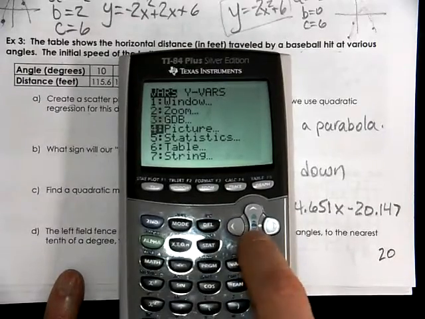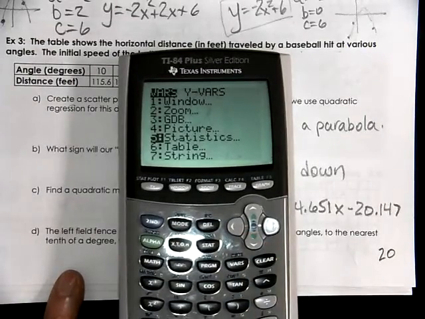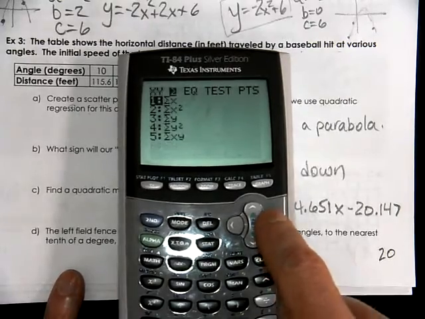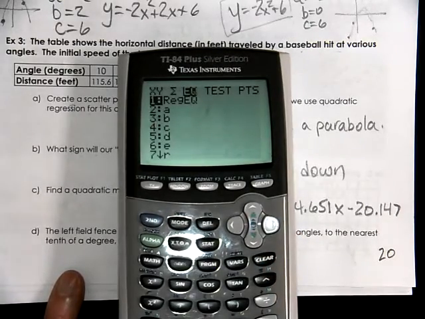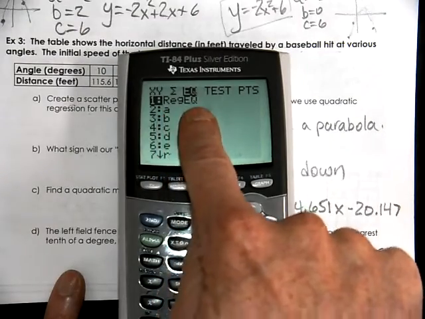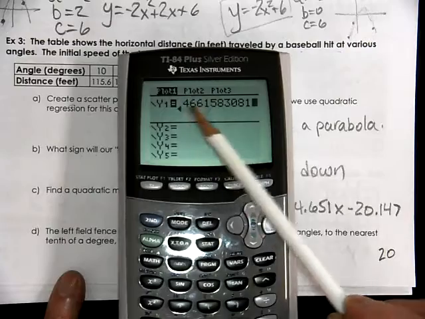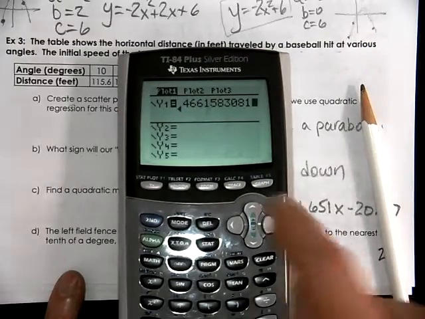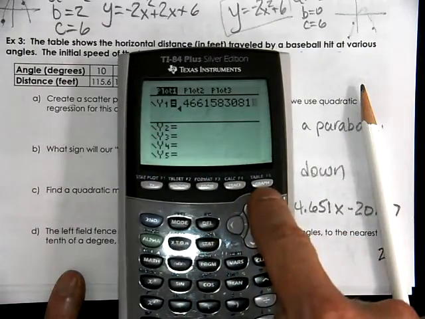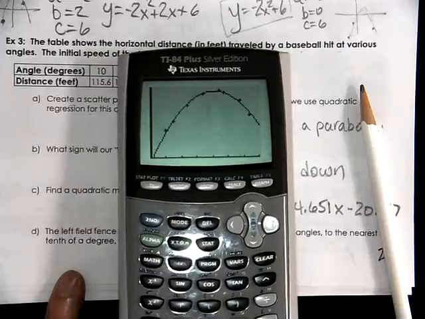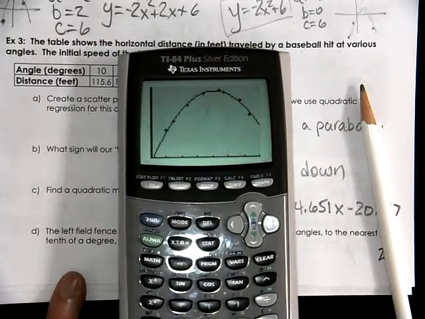We're going to go down to statistics, over to equation, and we want the regression equation that we calculated. So we hit enter, and it types in all the numbers into y1. So when we hit graph, it's going to plot those out, and you can see that this parabola got super close to all of those points.